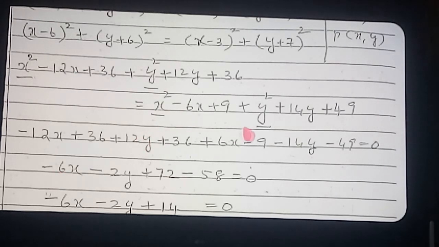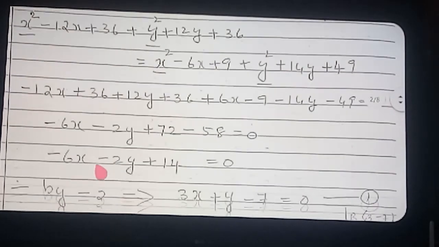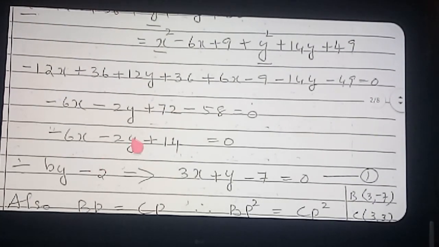Then 12y minus 14y is minus 2y. 36 plus 36 is 72, and 72 minus 9 minus 49 is 14. So minus 6x minus 2y plus 14 equals 0. Now I divide throughout by minus 2, and the signs will change: 3x plus y minus 7 equals 0. Okay, you got the first equation.